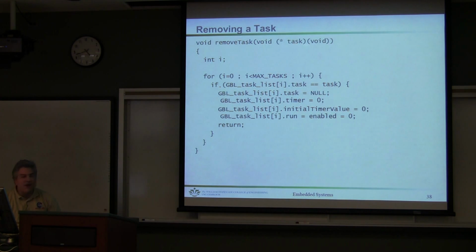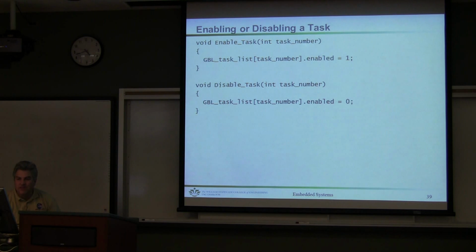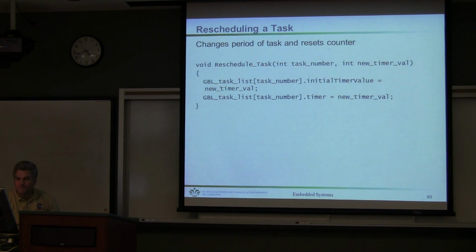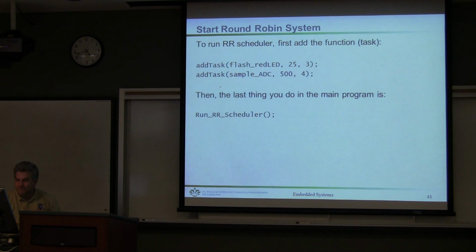So that is the code that will be behind the round-robin example that I gave you. Oh yeah, by the way, if you want to remove a task, this is basically how you're removing everything out. Enabling or disabling a task, you're just setting a single bit. Rescheduling a task, you're just changing the frequency for that.